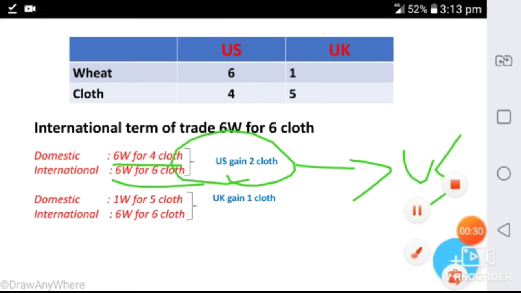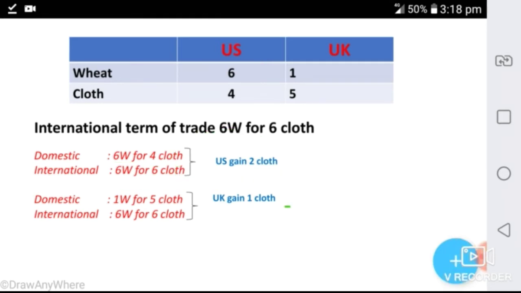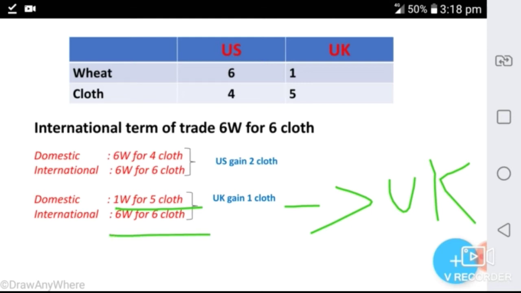Now if you move on to UK. If UK goes for domestic trade, then it will have 1 wheat for 5 cloth. If UK goes for international trade, it will have 6 wheat for 6 cloth, which means that UK gains 1 cloth from international trade.